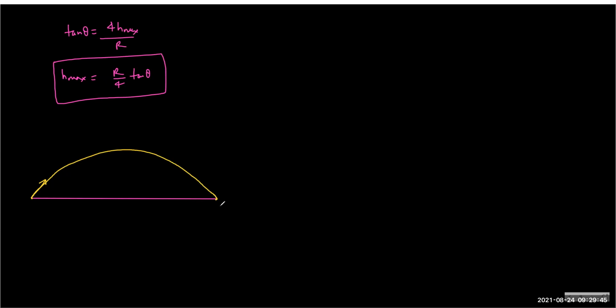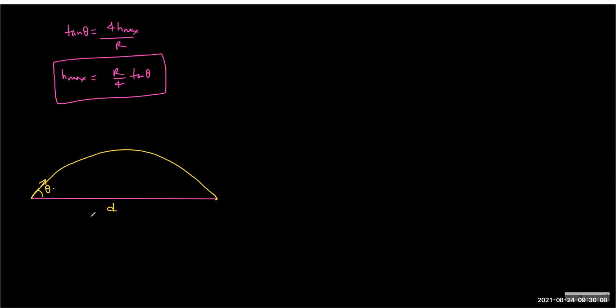It must land at a distance d, or you can call it anything. Let's call it d. If you throw at an angle theta, and velocity is not given, what is given is the angle and d.